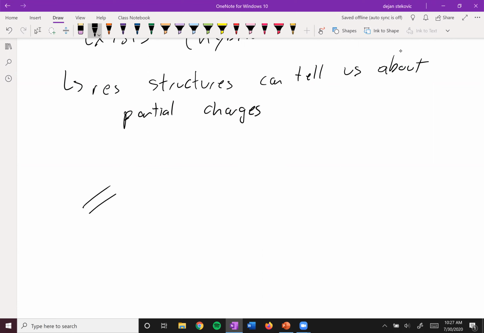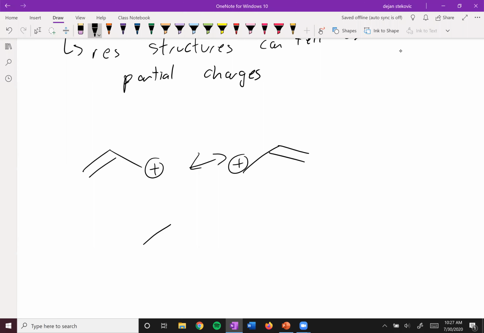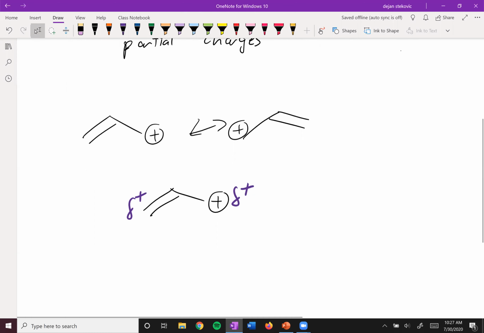So for example, with our allyl cation, although we drew this, remember we could draw a resonance structure that also looks like this. So when you're looking at this allyl cation, although it looks like one of these carbons is positive, you know now that the truth is really that both of these carbons on the end are both partially positive. And so that's what you need to see in your mind.